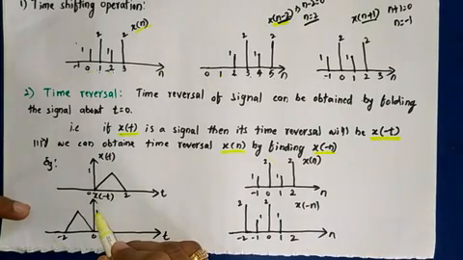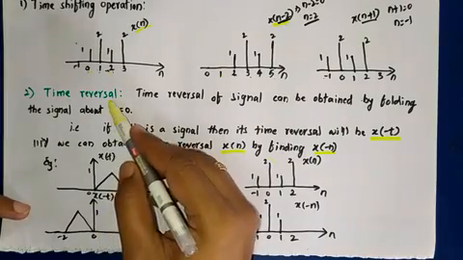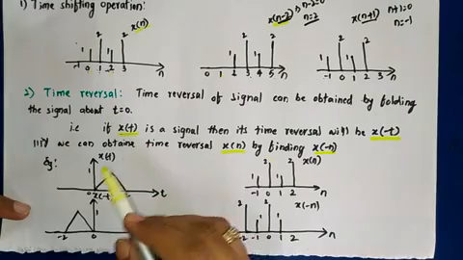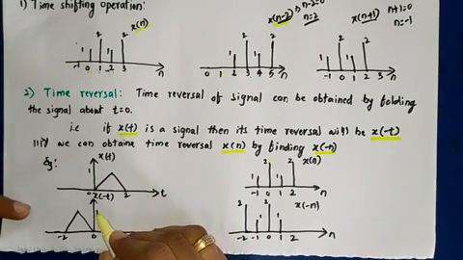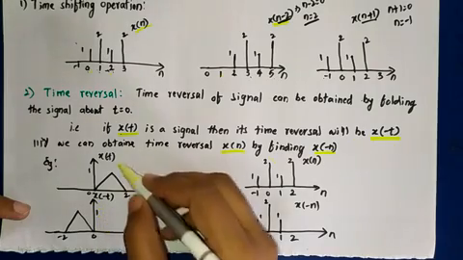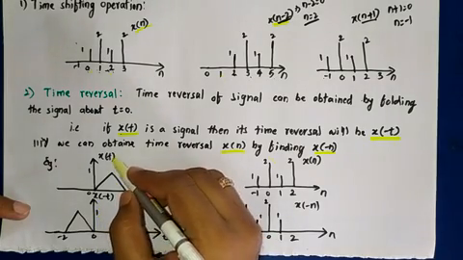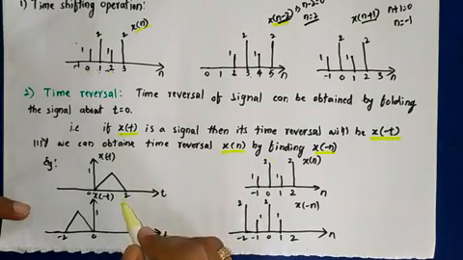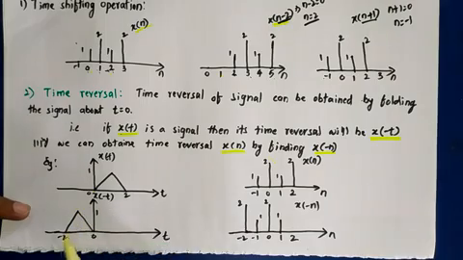And what about the amplitude here? Again this time reversal is a time related operation, so no change will be there in the amplitude. Whatever the amplitudes of the original signal are, those will remain, and the only thing is the time will be shifted here.